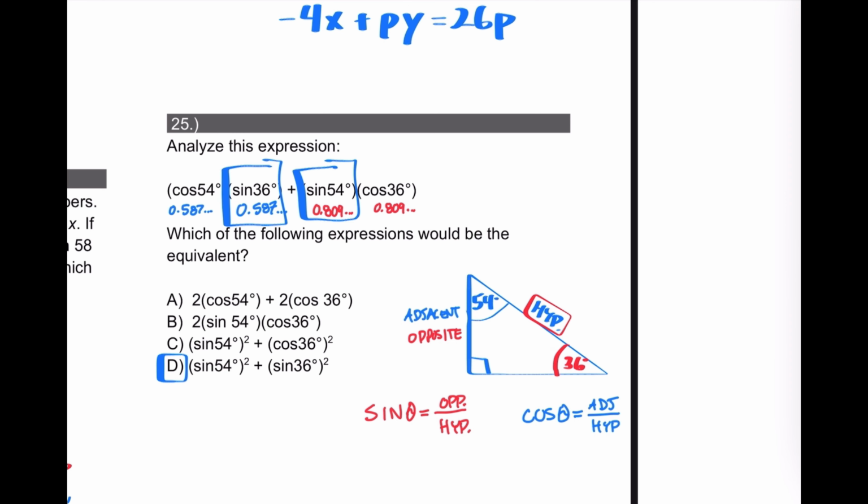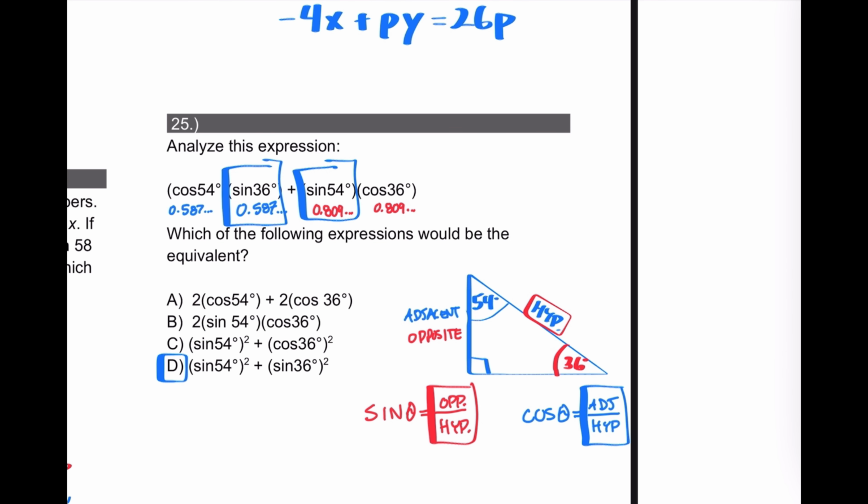Now, if you want a little review of how sine, cosine, tangent works, just remember that it has to be a right triangle. Looking over at this diagram, I did kind of draw, remember that the sine is equal to opposite over hypotenuse, and cosine is actually adjacent over hypotenuse.